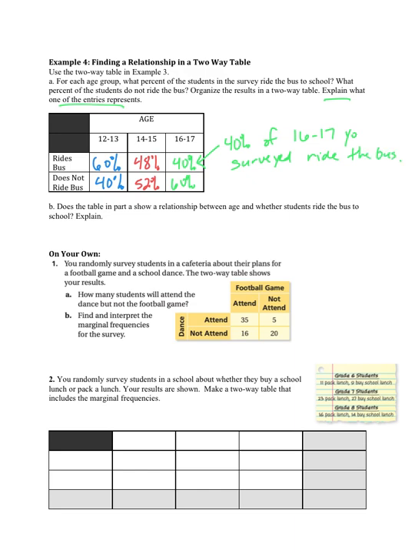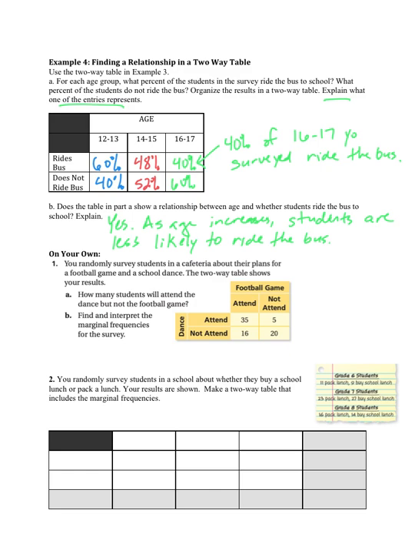Okay. And we're asked, does the table show a relationship between age and whether students ride the bus to school? And I would say yes, it does, because as age increases, students are less likely to ride the bus.